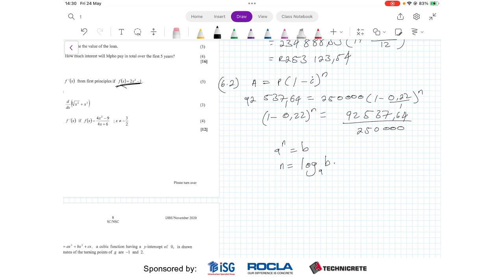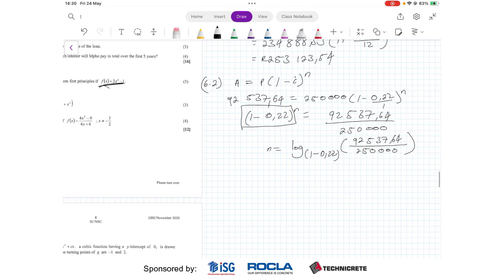This is the law of logarithms that we will be using. So then that means that in this case, n is equal to the log of our base, this is our base, 1 minus 0.22, into 92,537.64 over 250,000.